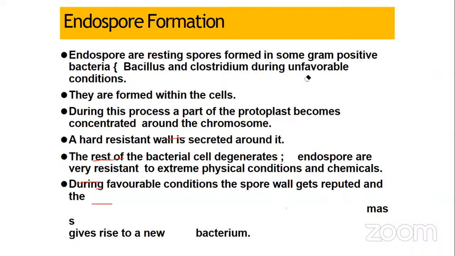When the conditions are not suitable, only then are these spores formed. They are formed within the cell. During this process, part of the protoplast becomes concentrated around the chromosome. That is, the protoplasm including the chromosome rounds up, and a hard resistant wall is secreted around it.